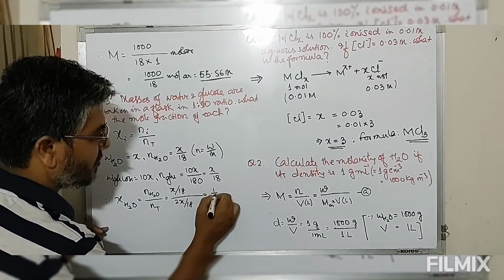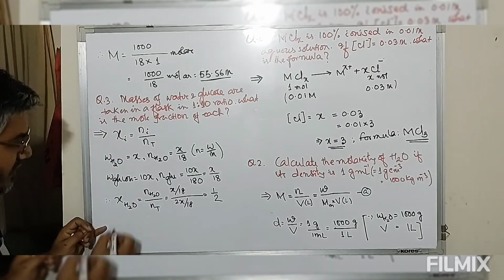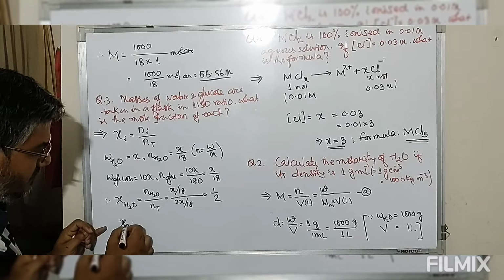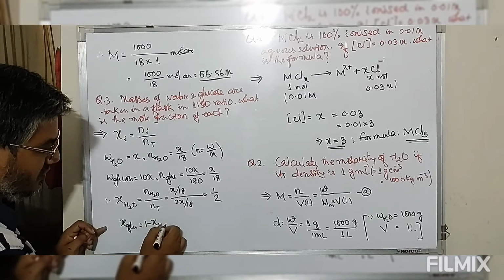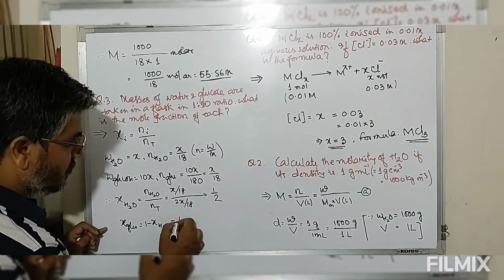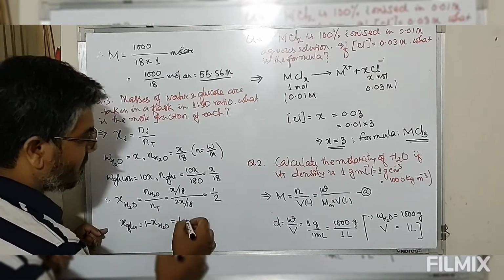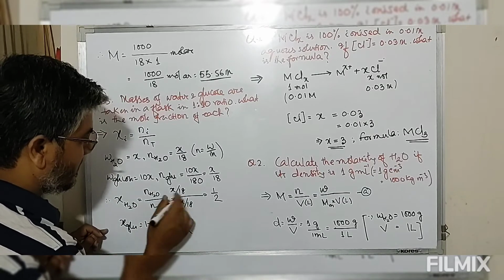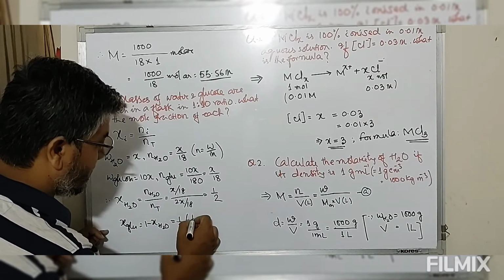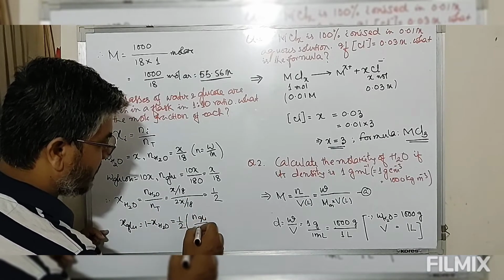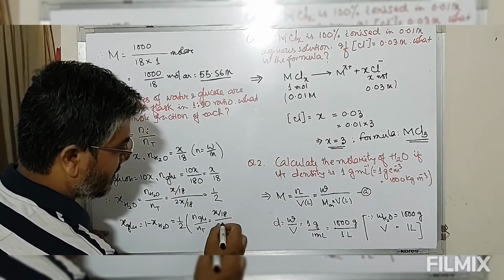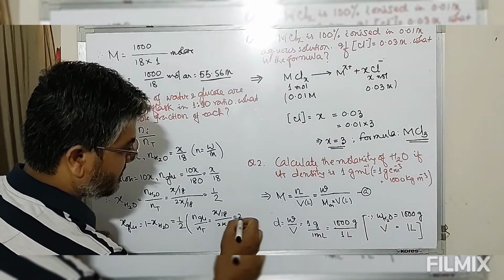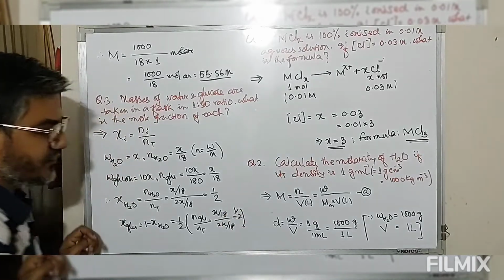So this comes out to be half. Similarly, mole fraction of glucose is 1 minus mole fraction of water, which is half, or we can say it is the same. This is number of moles of glucose divided by total number of moles, x by 18 divided by twice x by 18, which comes out to be half.